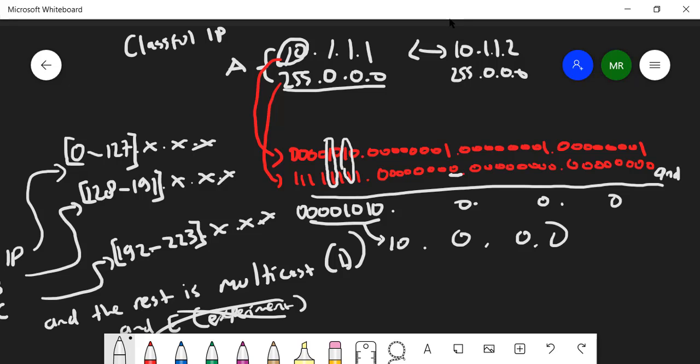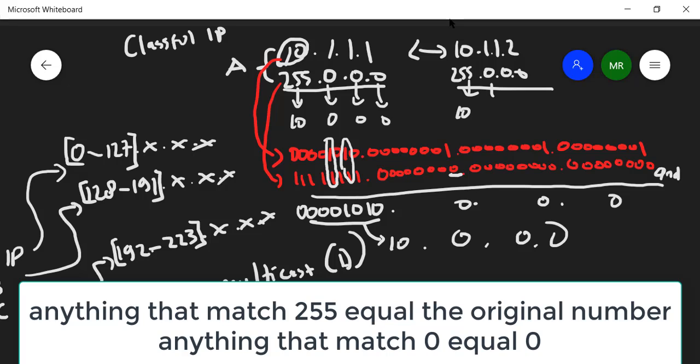So when the IP 10.1.1.1 is matched with 255.0.0.0, it means 10.1.1.1 is in the 10.0.0.0 network. Now to make it fast, anything that matches 255, we keep the same value.